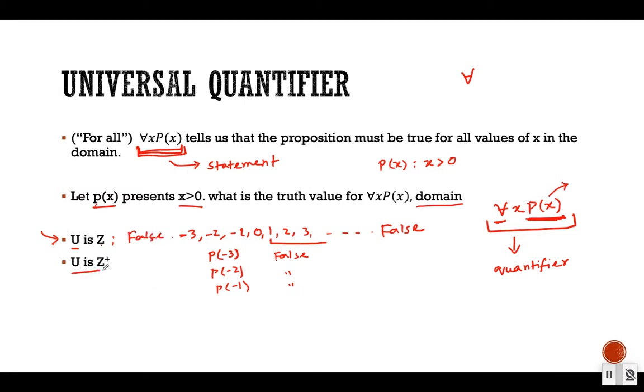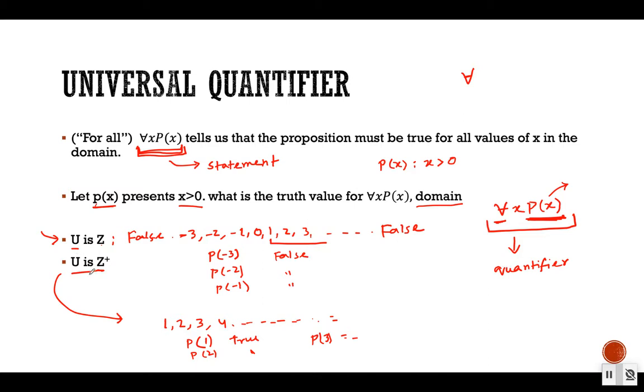Now in the second example, our domain is all positive integers, meaning 1, 2, 3, 4, like that. We can test them: P(1) is true, P(2) is true, P(3) is true, and all positive integers must be greater than 0.